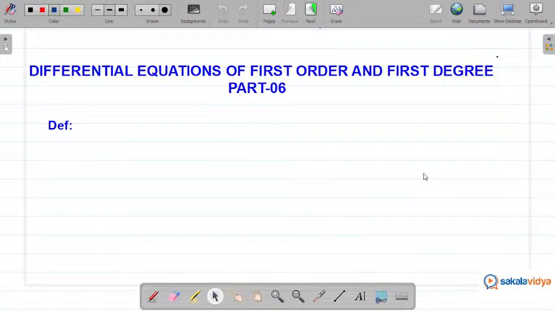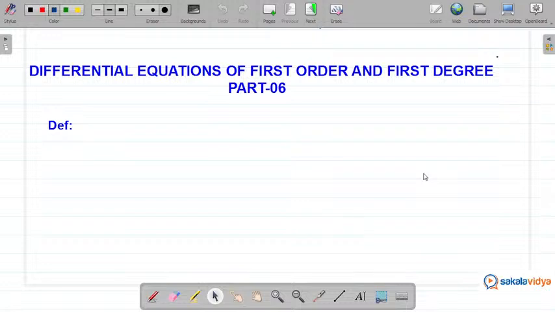First, let us discuss the definition of a first order and first degree differential equation. After that, we will see how we can classify first order differential equations, that is, how many types we can divide them into, and how to solve each one, one by one, in a very clear manner.